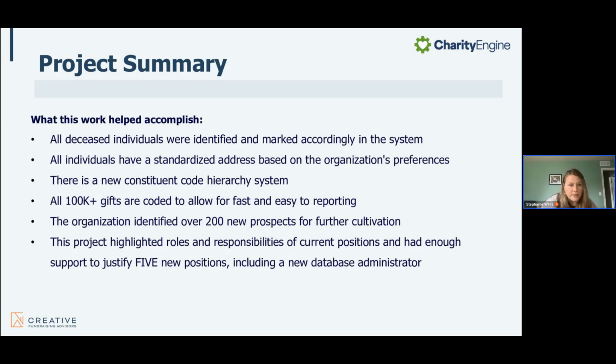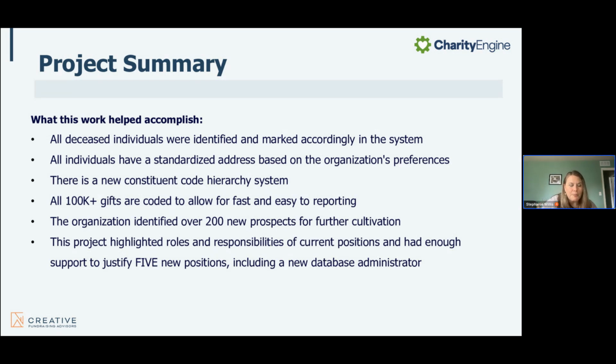And so we standardized their addresses based on that because they prided themselves on their donor communication. We put in a new constituent code hierarchy system. One of their goals was, we want to be able to segment, but we can't. And so this illuminated the ability of, let's code them, a tag or something like that, to be able to segment and pull lists effectively.